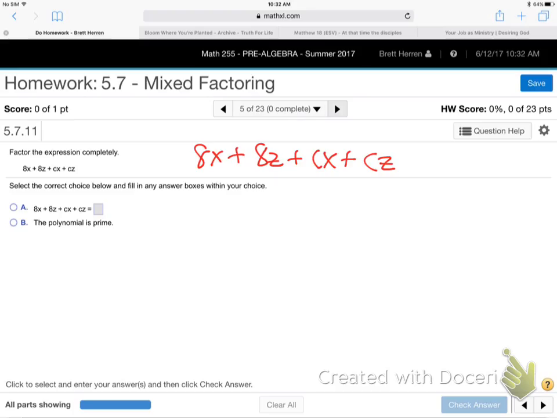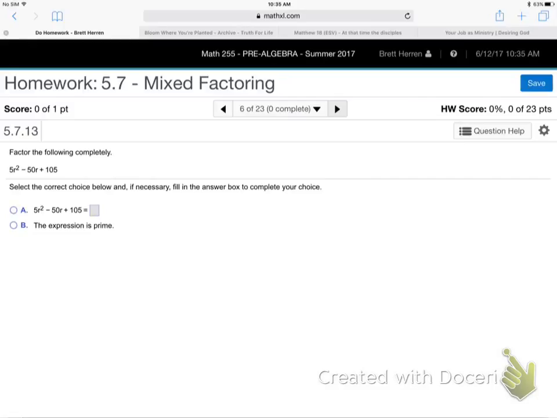So do you remember what we do with 4 terms? R squared minus 50r plus 105.